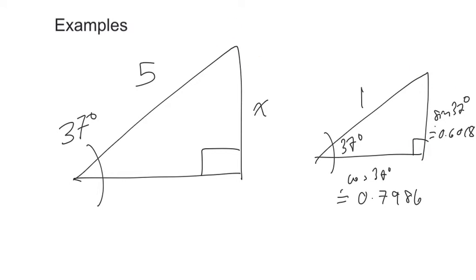So these two triangles have angle-angle similarity. If you look closely, you'll see that the scale factor is set up for me. If this is 1 and this is 5, my scale factor is 5 divided by 1, or just 5.